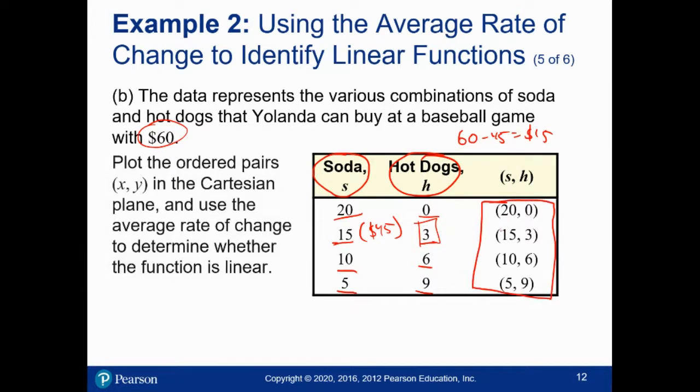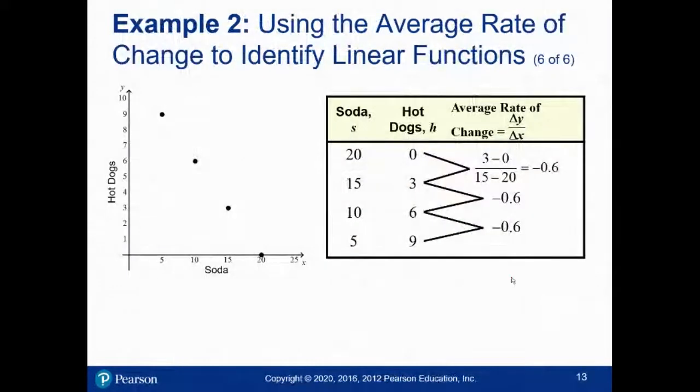If we plot these, is this a linear function? Here are the various points plotted. If we compute delta y over delta x, comparing the first two values, I have the point 20, 0 right here, and here's the point 15, 3.